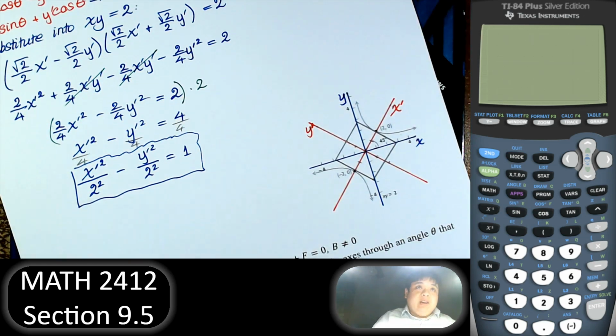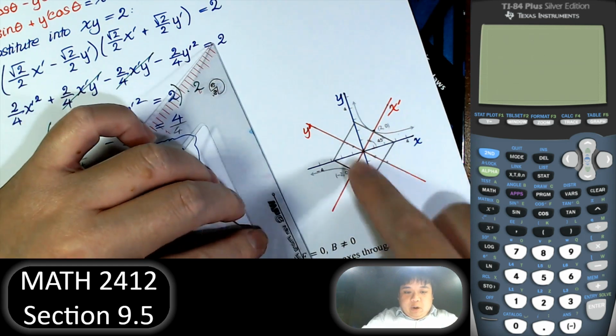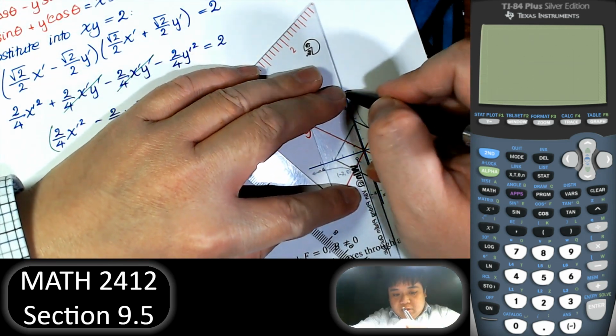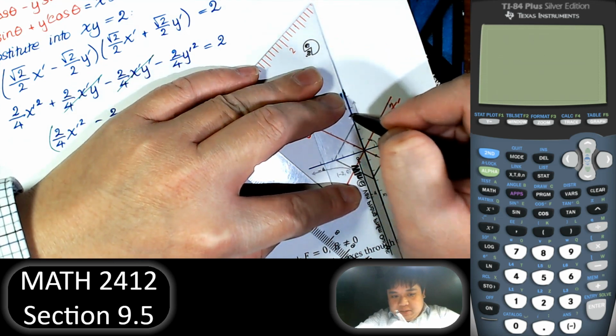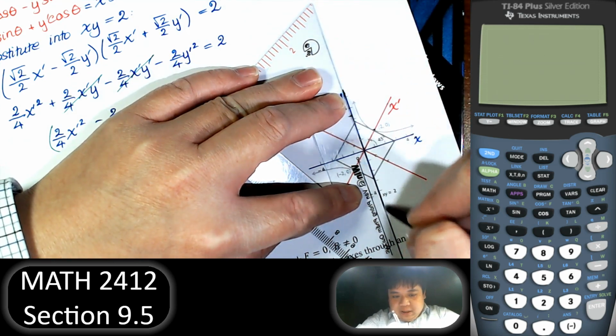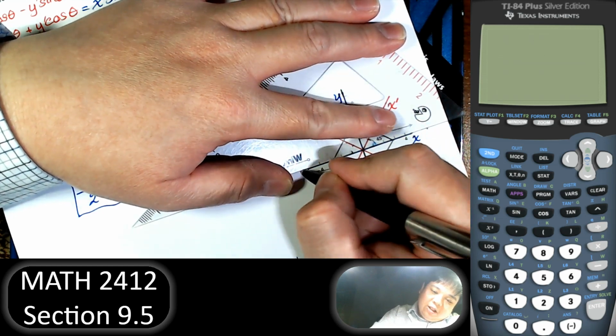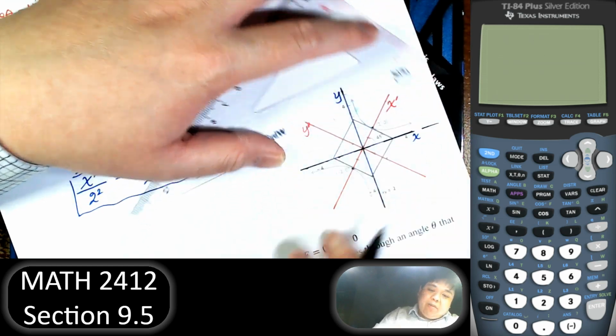So that's how we graph a hyperbola, right? And then when we have the box, we will draw the asymptotes. This time the asymptotes are the diagonals in that box.